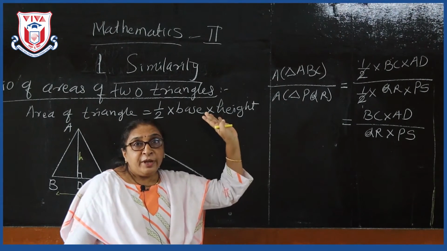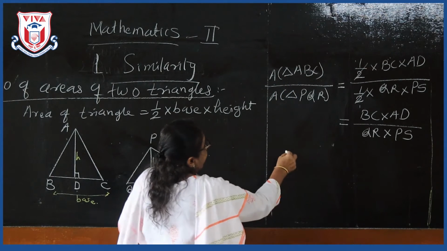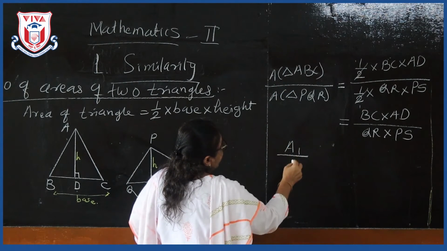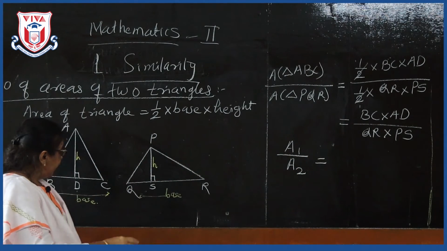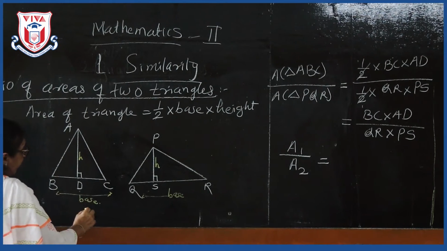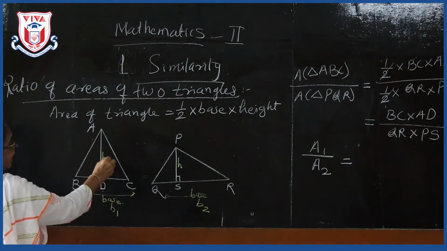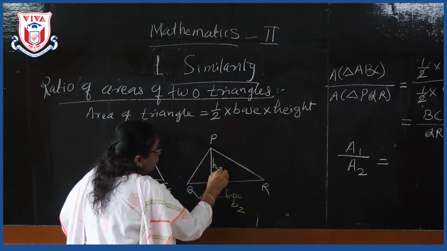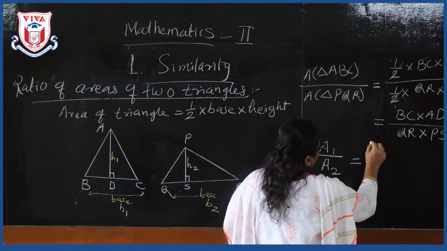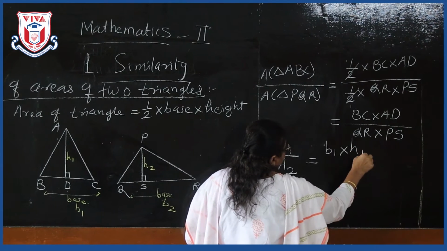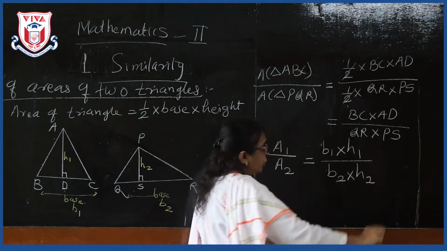Now in short, if we consider the area of triangle ABC as A1 and area of triangle PQR as A2, if we consider their bases to be B1 and B2, see in the figure, and heights be H1 and H2, then in short we get the formula A1 upon A2 is equal to B1 into H1 upon B2 into H2.